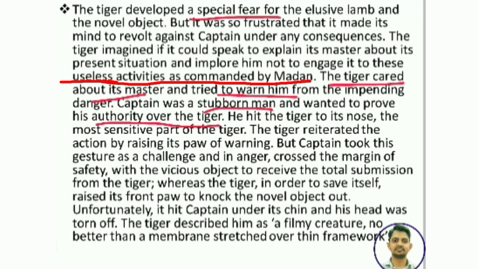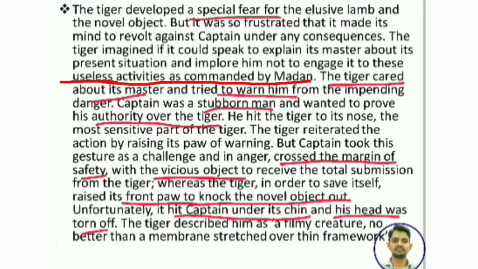Secondly, when the tiger did not listen, the captain tried to come closer to the tiger, crossed the margin of safety, and took out the vicious object, that metal tongue object, so that the tiger would be submissive.